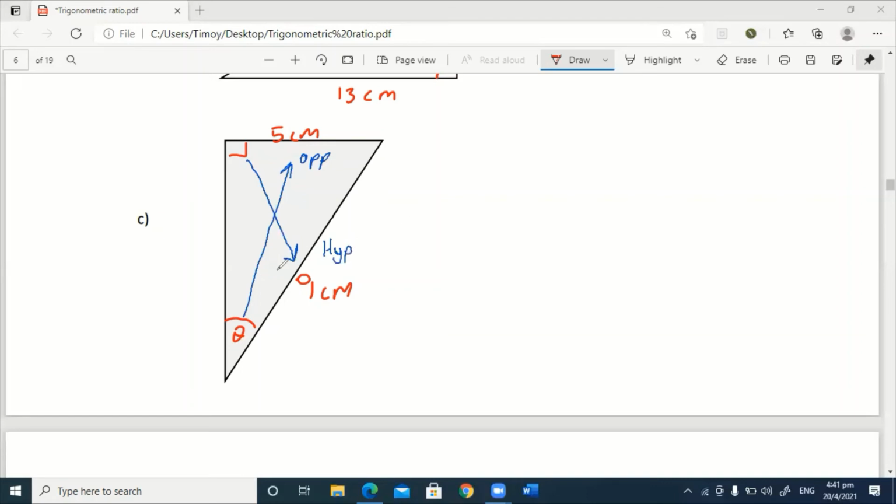So again, the ratio to determine this angle is going to be the sine of an angle. So we can write that out. We know that sine theta is going to equal the opposite length divided by the hypotenuse length.